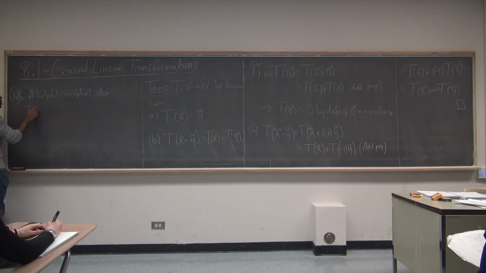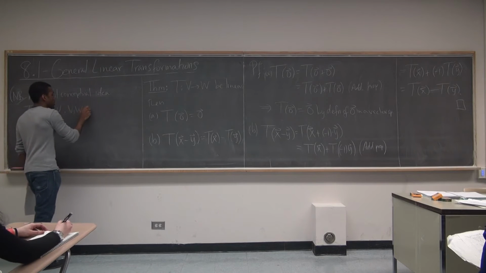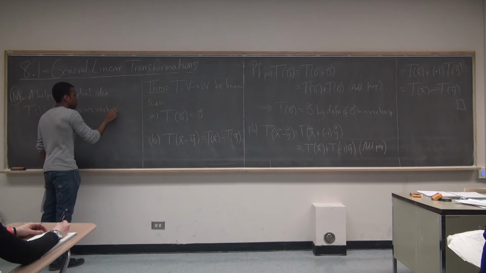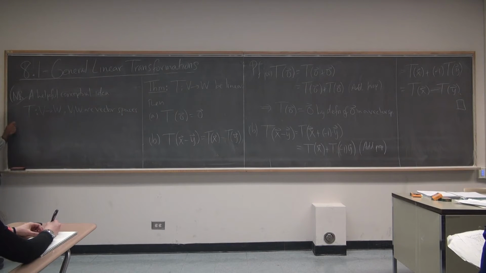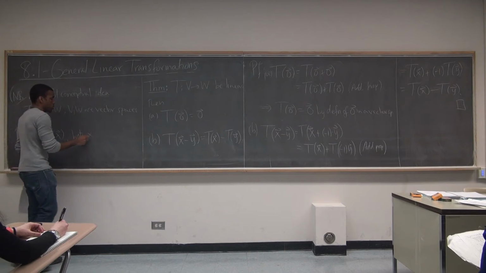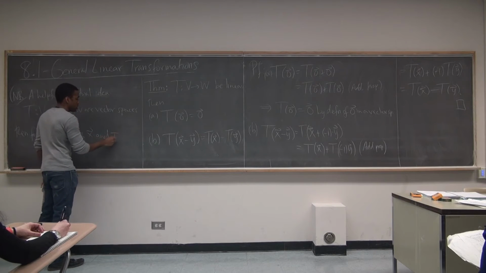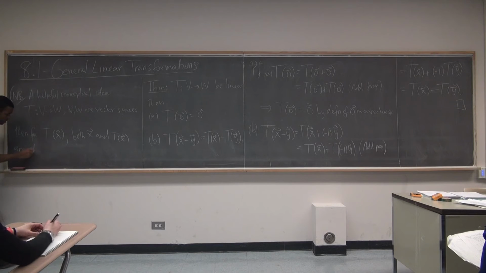If we know that T goes from V to W, and V, W are vector spaces, then for T of X, both X and T of X are elements in a vector space.